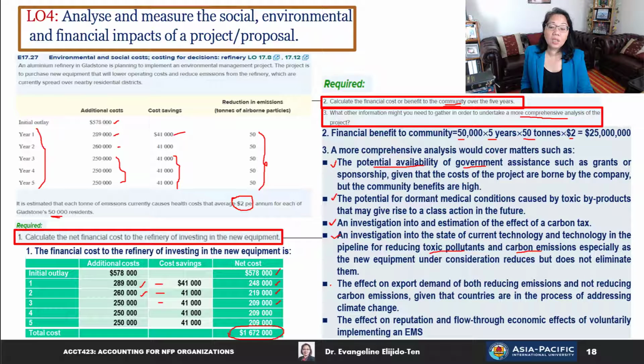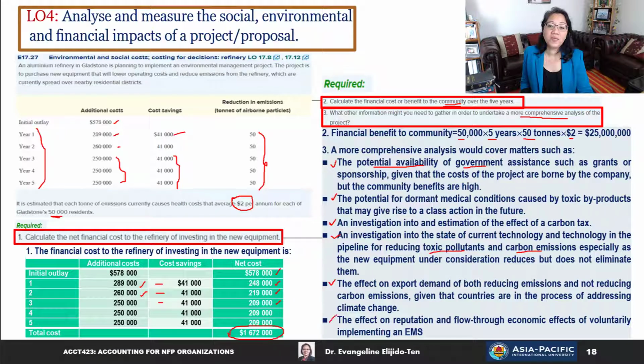Another thing that they would have to consider is the effect on export demand of both reducing emissions and not reducing carbon emissions, given that countries are in the process of addressing climate change. If they would lose potential buyers from overseas as a result of not using this technology that they are considering, then again, they'll need to investigate that.